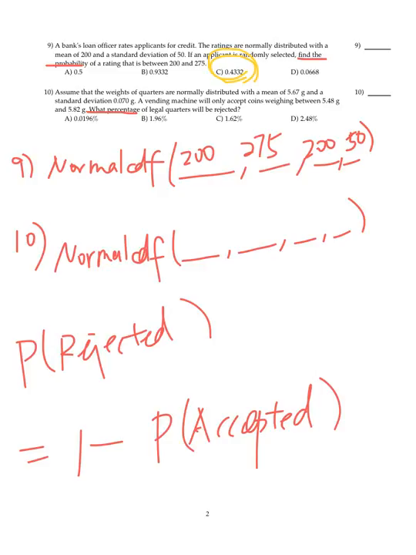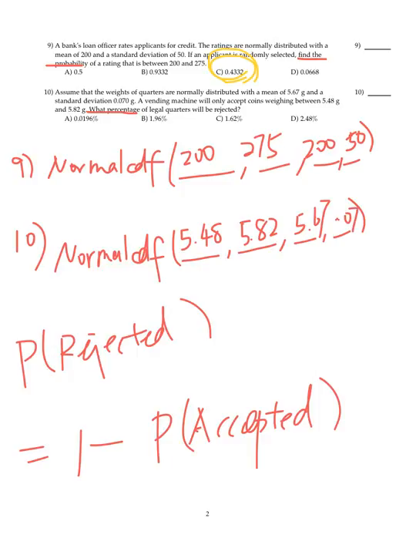And how to find the probability for accepted? We know if the weight of the quarter is between 5.48 gram and 5.82 gram, it will be accepted. The mean is 5.67, and the standard deviation is 0.07.